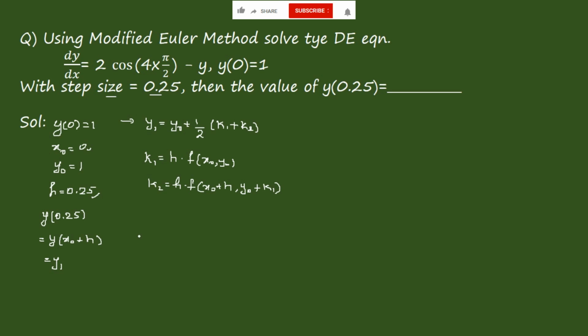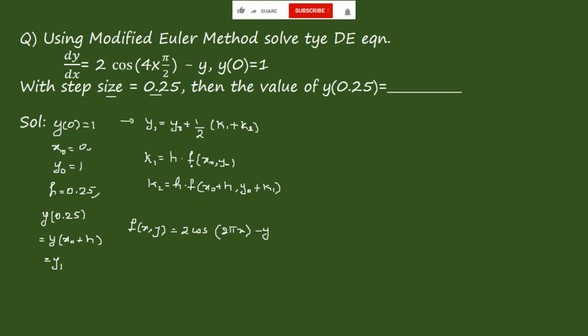Where f of x comma y, we know the value, which is equal to the differential equation 2 into cos of 4 pi by 2 x, which means it becomes 2 pi x minus y, right?